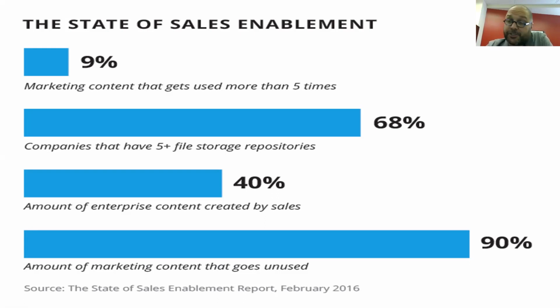If you don't have a sales enablement platform, the information created by marketing is stored in 5 different places, which makes it impossible for salespeople to have access to it. That explains the 9% number, which is not surprising, because if I, as a salesperson, am not getting the right kind of content, I'm creating my own content. Combine the 9% and the 90%, and it tells you that marketing is spending a lot of money on content that's not getting used.